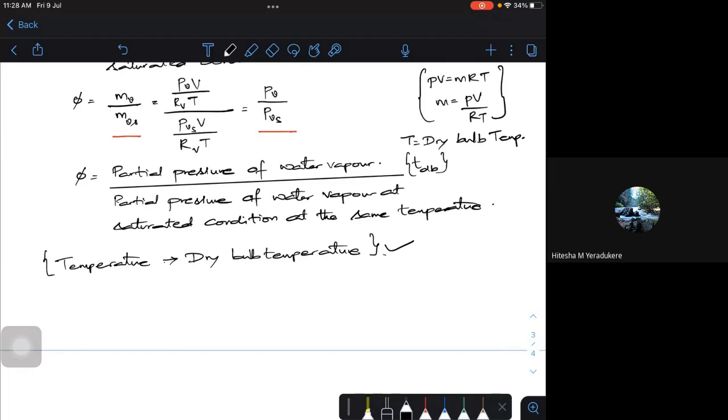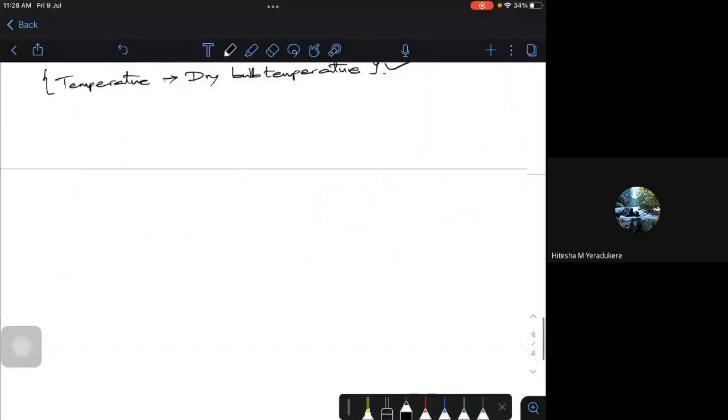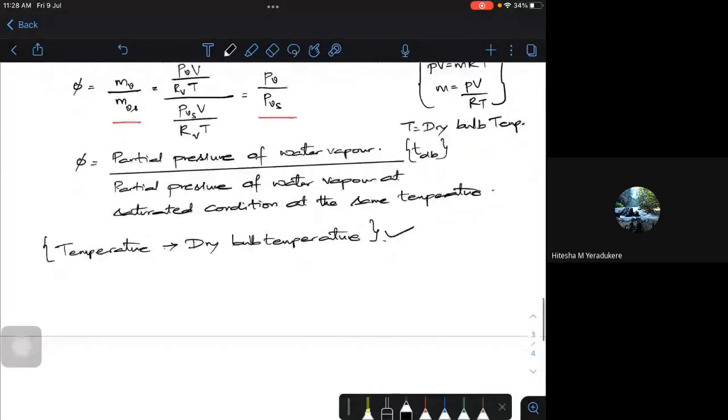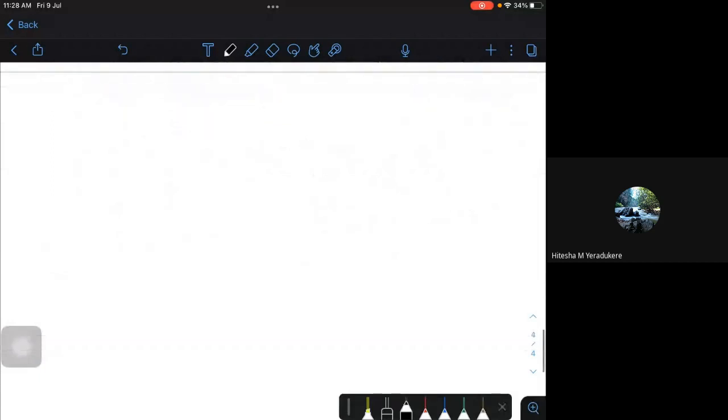There is something called the degree of saturation. One more definition which depends on both the humidities. We have one more definition, the ninth one, called degree of saturation. Let me define that.